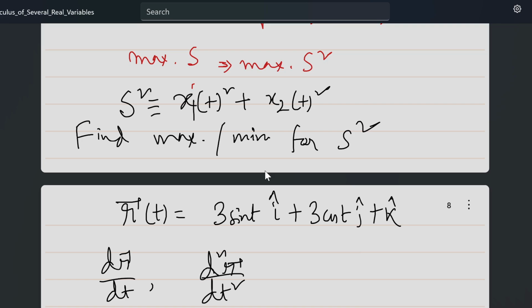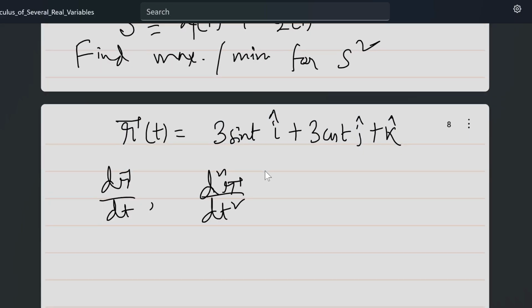So suppose in a problem you are given the position vector and you have to find the velocity vector, you just differentiate it. Suppose you are given the position vector and you have to find the length of a curve.